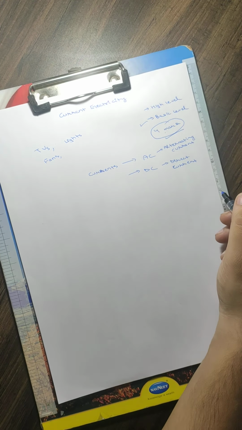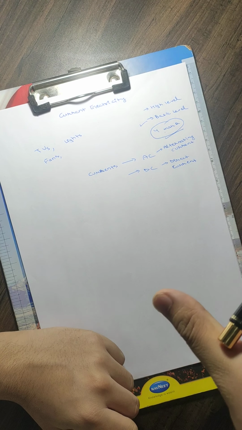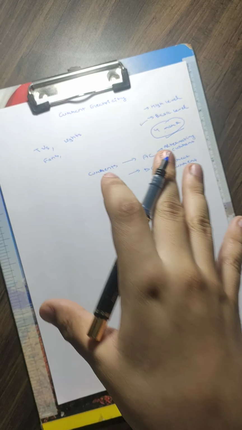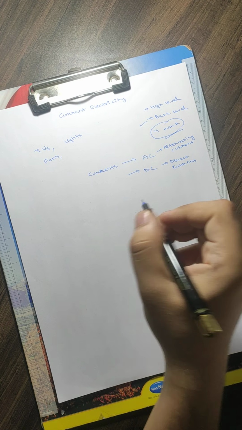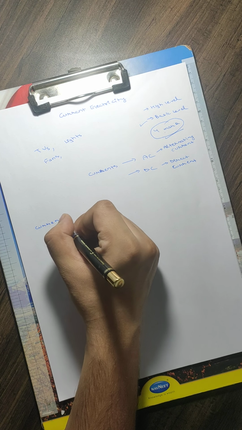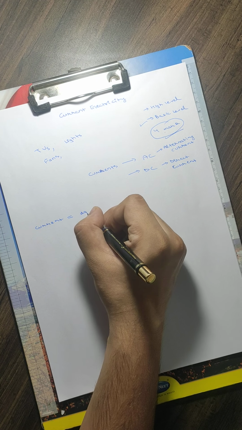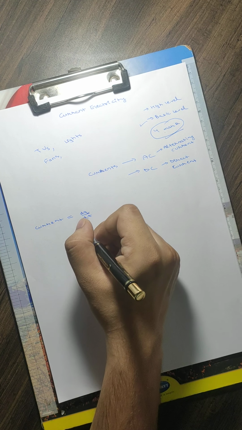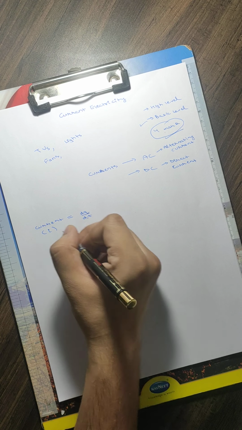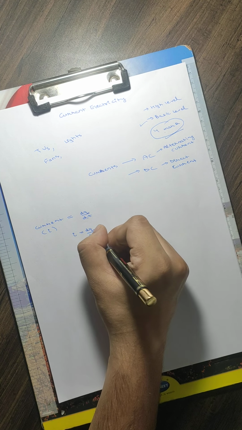So how do we define current? Flow of charge through a surface area per unit time is known as current. So we are going to write a mathematical expression for current. We denote current by I. So I is equal to dq by dt.